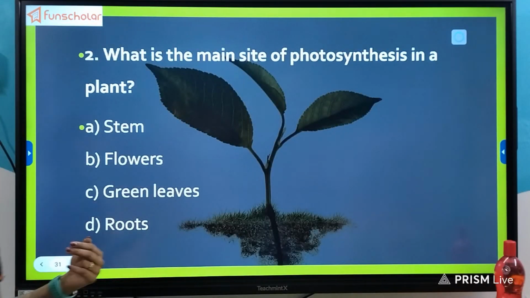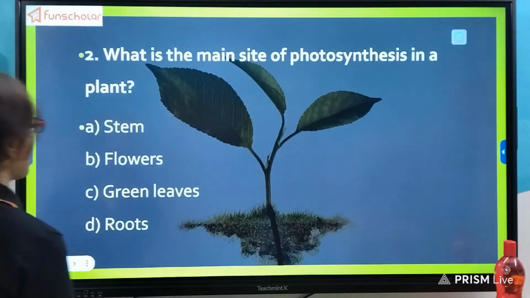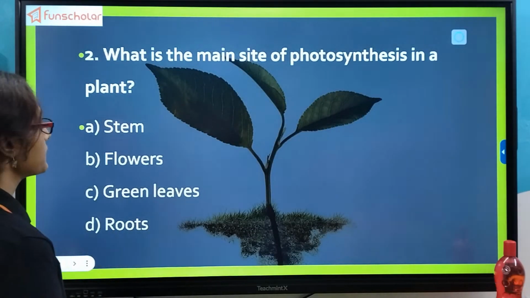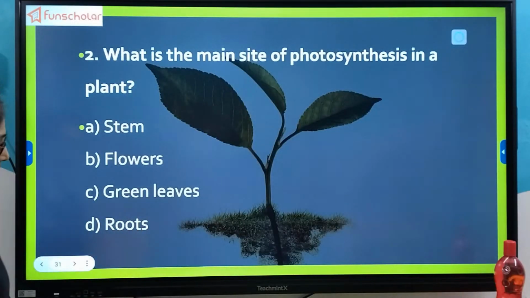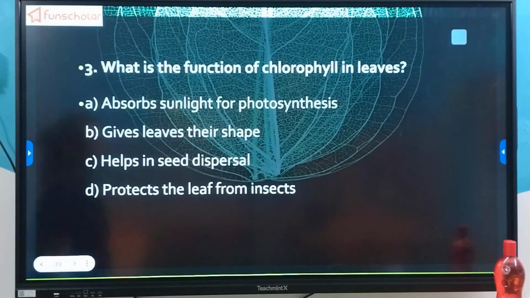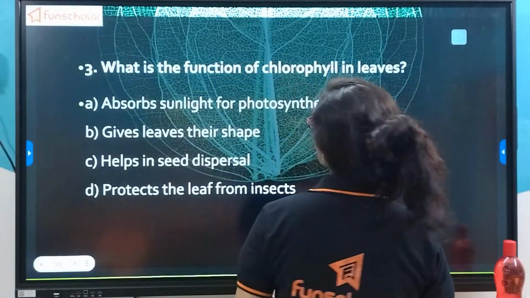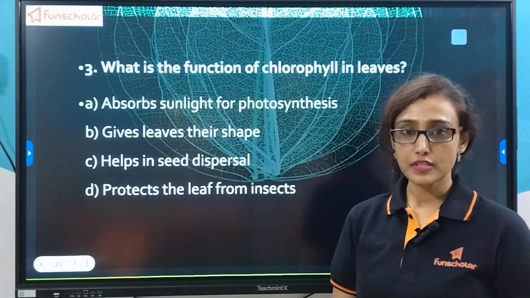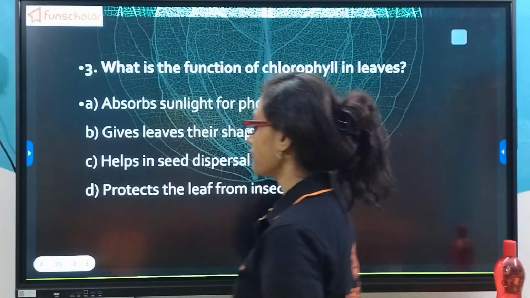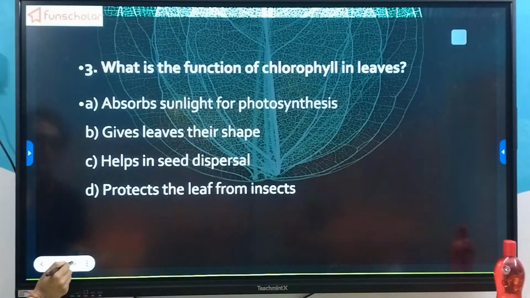What is the main site of photosynthesis in the plant? Pause and think. I know you can answer. It will be green leaves. See. What is the function of chlorophyll in leaves? Just pause and think. It absorbs the sunlight for photosynthesis.